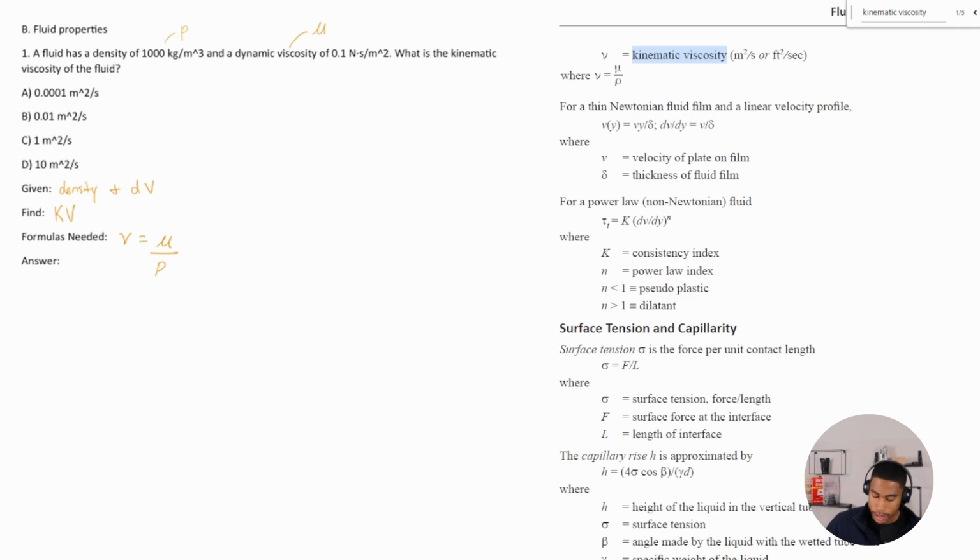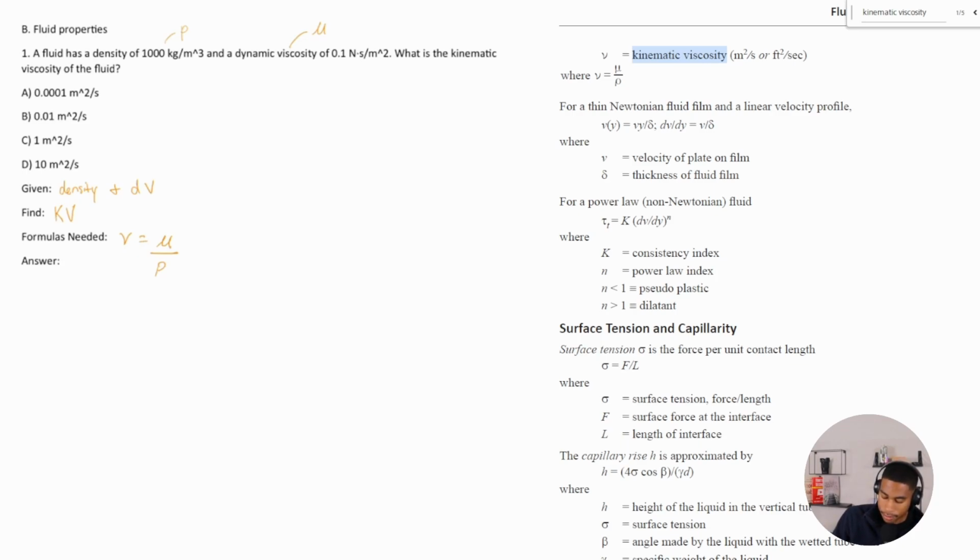So we have our dynamic viscosity, all right? Let's just write it out for simplicity's sake.